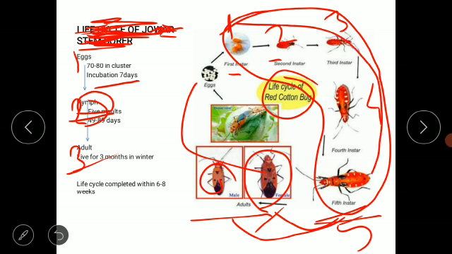And in winter the life cycle of the nymph requires 3 months to complete, but in the summer season again it varies. When the temperature is high, comparatively the life cycle completes faster as compared with winter.